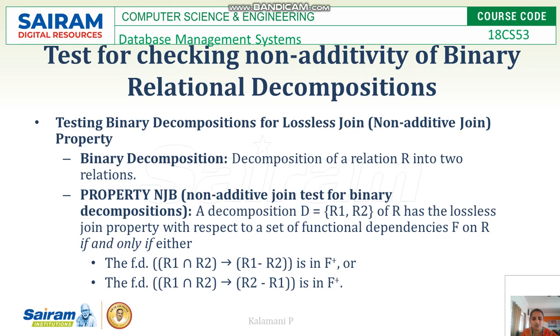The non-additive join test for binary decomposition says that a decomposition D equal to R1, R2 of R has the lossless join property with respect to a set of functional dependencies F on R if and only if either the functional dependency R1 intersection R2 defines R1 minus R2 is in F plus, the closure of F, or R1 intersection R2 defines R2 minus R1 is in F plus.